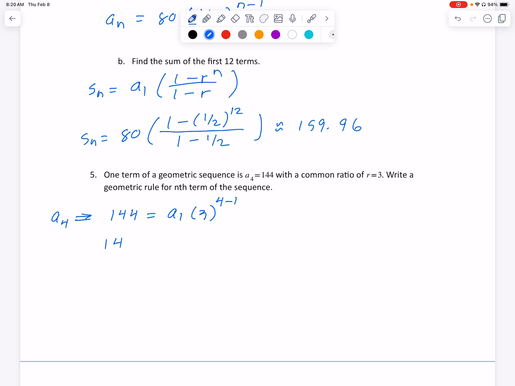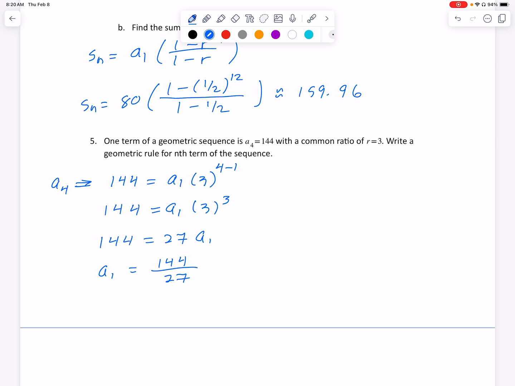From there, I'm just going to solve this for the first term. So in this case, I'm going to get the first term equals 144 divided by 27, which reduces to 16 thirds or 5.33. So I'm just going to write 16 thirds.